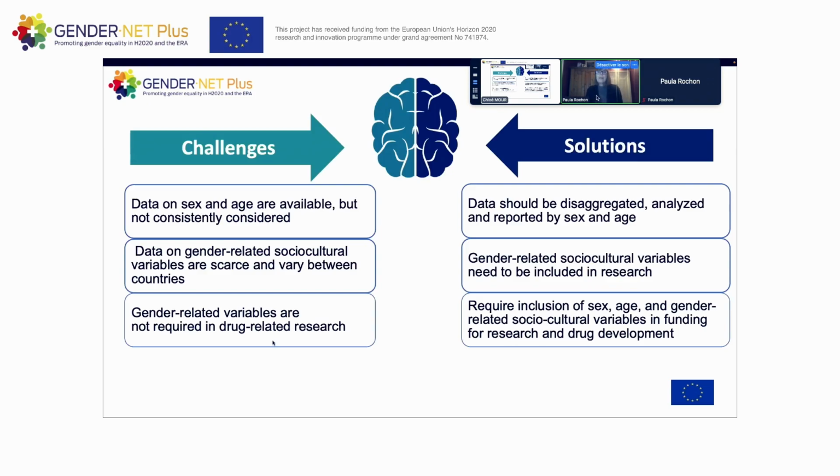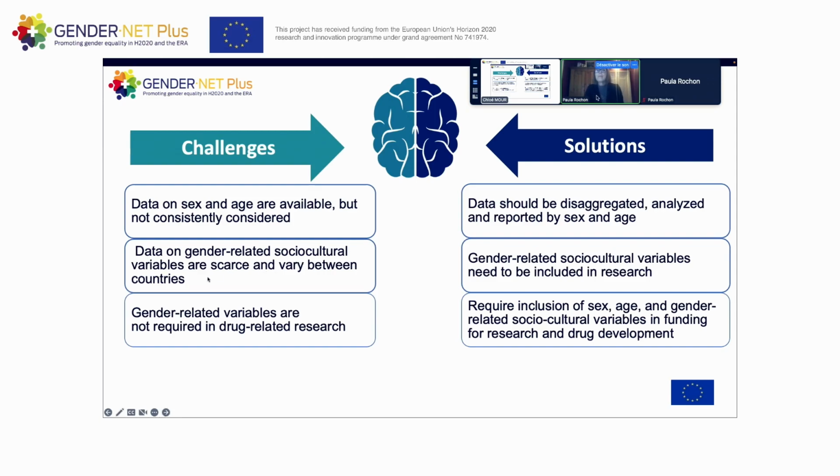So here are some of the challenges that we have. Data on sex and age are available in just about any kind of data set that we look at, and I would imagine that all of you would have that same experience with your data, but they're not consistently considered. So what should we do? Data should be disaggregated, analyzed, and reported by sex and age. That's something that we ought to be doing as a research community.